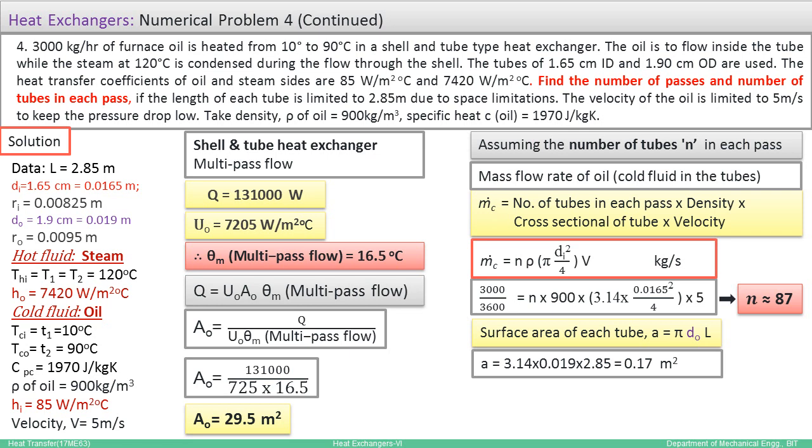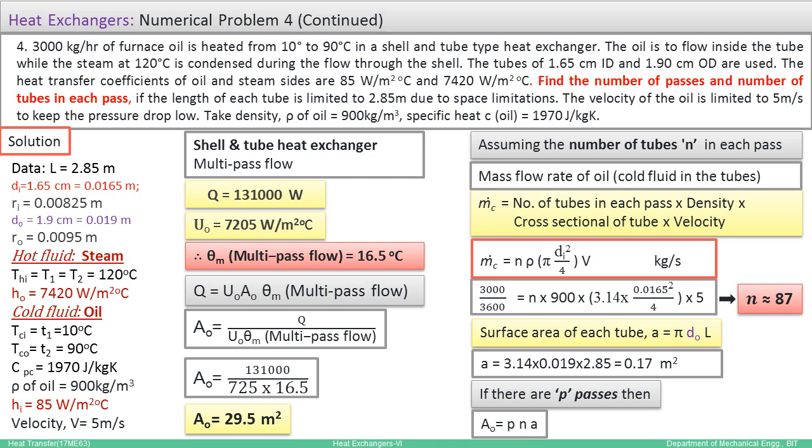But we have to find out what is the number of passes. To find it out, let us consider P is the number of passes, and we have this expression for A naught. A naught, the capital A naught, which is the total surface area of the heat exchanger, is equal to number of passes P multiplied by number of tubes in each pass multiplied by surface area of each tube.